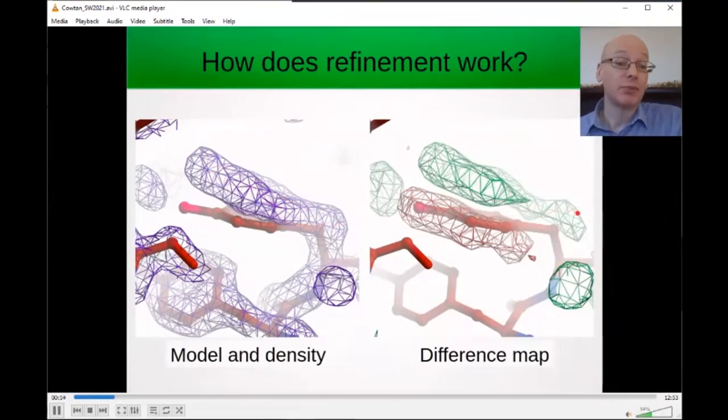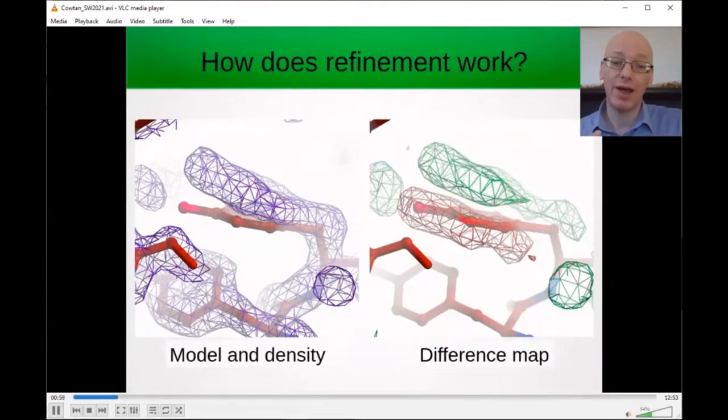But if we're just interested in the errors, we can use the difference map, which shows where we have atoms which are not explained by the X-ray observations, or density which is required by the X-ray observations but has no atoms. So the refinement tries to minimize the features of the difference map, and in doing so produce the model which best explains the experimental observations.